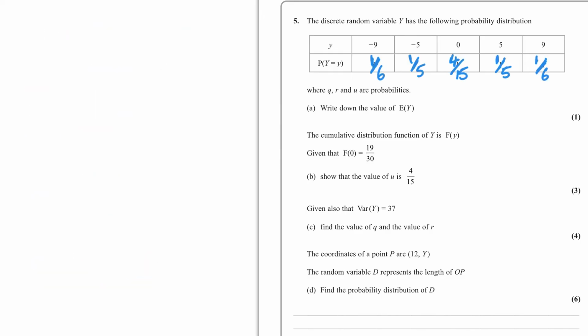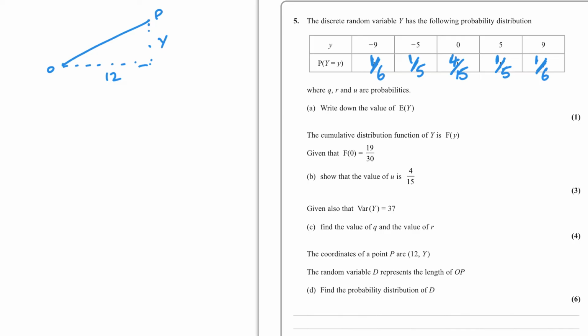So part D, a little bit more confusing, but let's look at it. So the probability distribution of D is when D represents the length of OP. So if I think of O to P, we can see that it's got an x value of 12 and the y value is our y distribution.